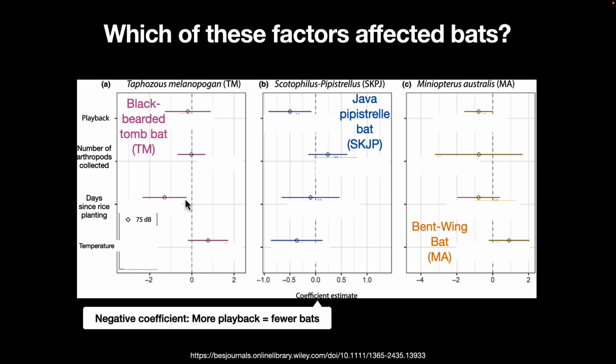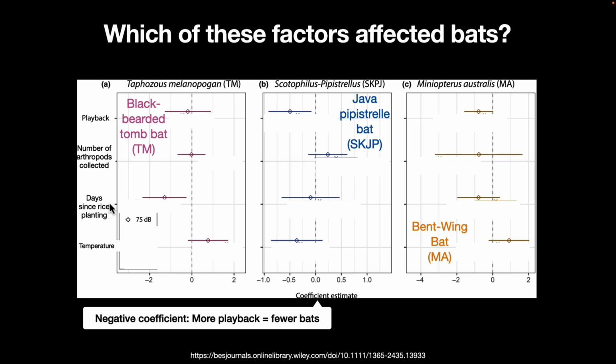Well, the first one that stands out the most to me is days since the rice planting, and that on the black-bearded tomb bat. That diamond is over here on the left side, and there's a gap in between, meaning that this is statistically different from 0. It's very unlikely that it doesn't matter, and very likely that there's a negative correlation.